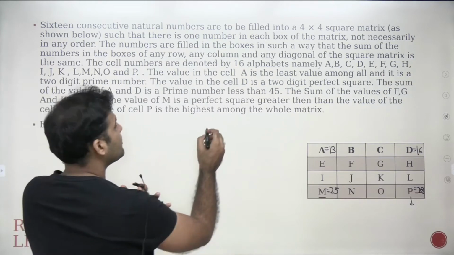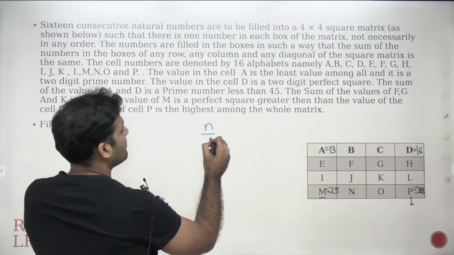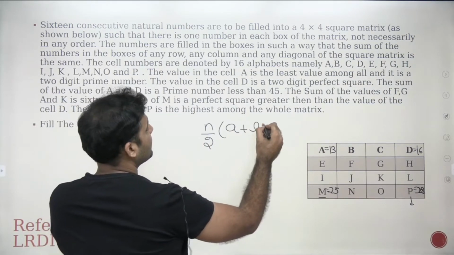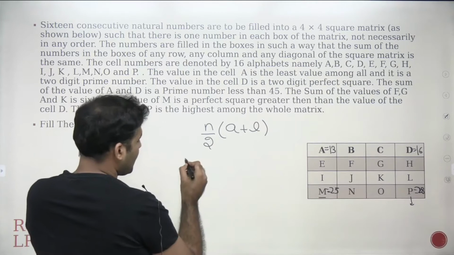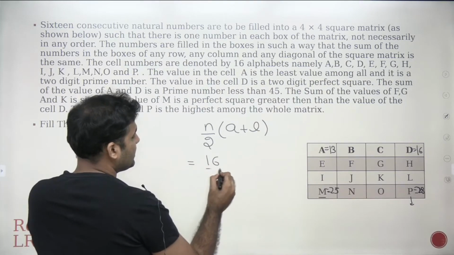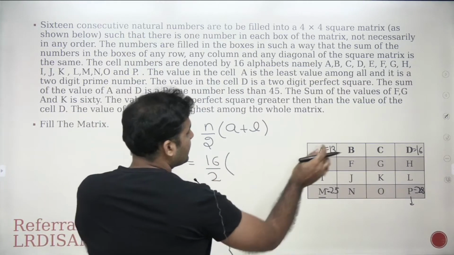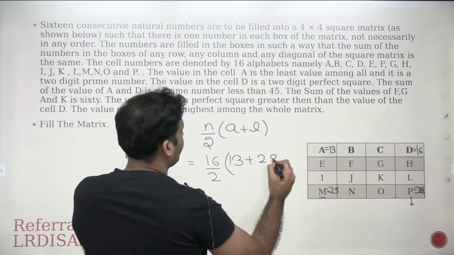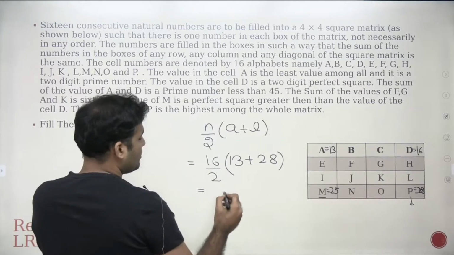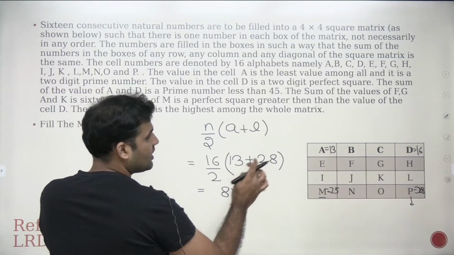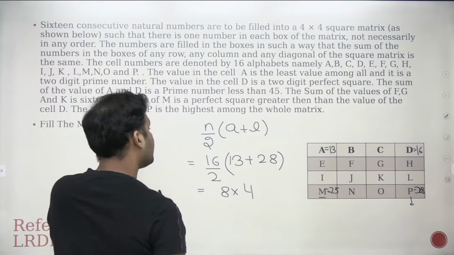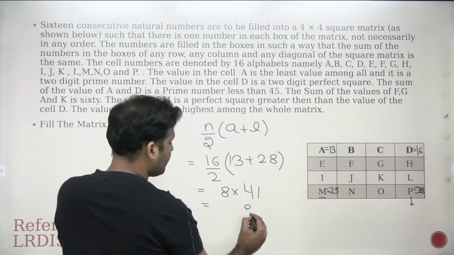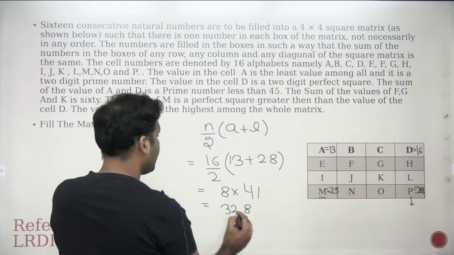Here you need to apply the concept of arithmetic progression. The summation of an arithmetic progression is n by 2 into (A plus L), where A is the first term and L is the last term. The number of terms is 16, divided by 2. The first term is 13 and the last term is 28. So 16 by 2, 8, multiplied by 13 plus 28, which is 41, and the total summation will be 328.